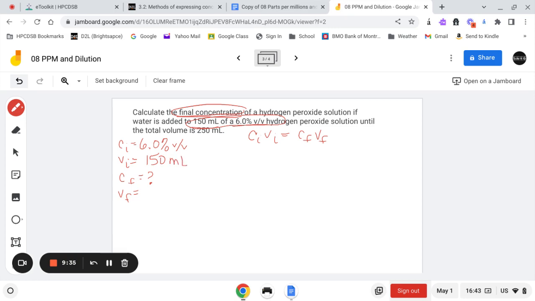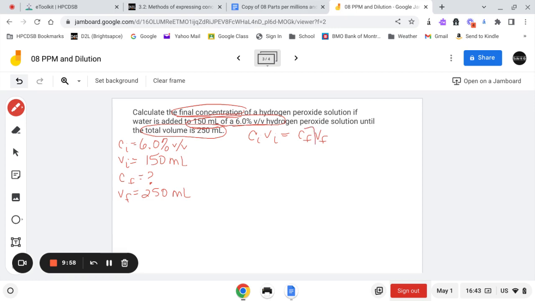We want to find out the final concentration, but they add water until the new volume is 250 milliliters. So it's important that you make sure you know what are the initial values of your solution, what are the final values of your solution. So we're going to come on over and we're going to set this up.